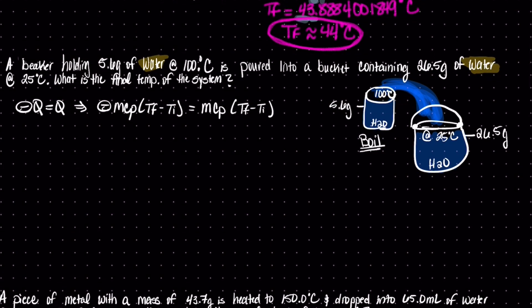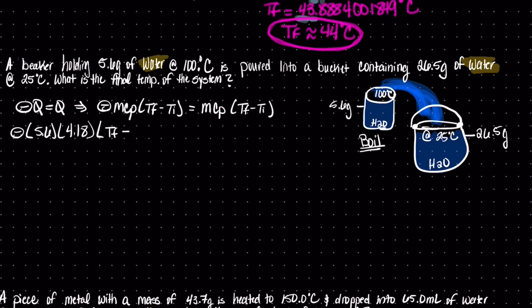I'm gonna plug and chug what I know from my hot side and cold side here. That hot side being that boiling water I had. That negative M is 5.6. I know I'm dealing with boiling water, so that's gotta be a liquid at 4.18. And the TF is unknown to me, so I'm gonna keep it TF.